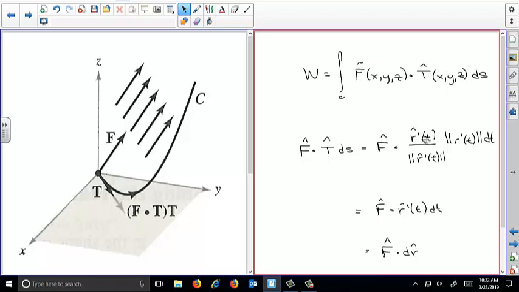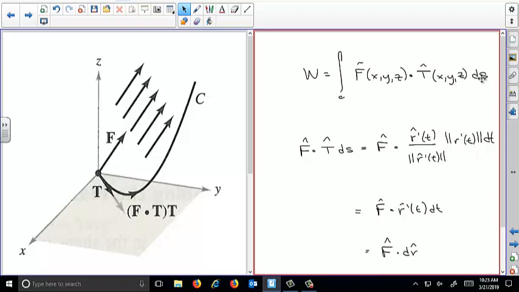This part is the unit tangent vector: the derivative of the position vector divided by the magnitude of the derivative of the position vector. The ds, we can change into terms of this parameter, which we're probably going to have to parameterize.